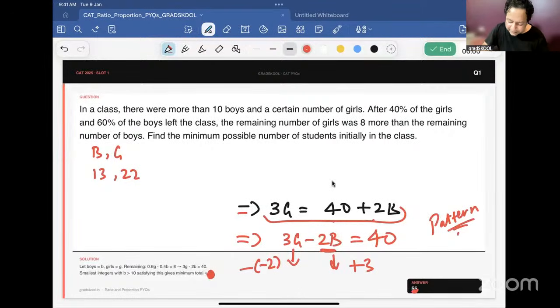Now, decrease by -2 is nothing but increase by +2. So let's do that. And whenever we get a multiple of 5 in both the cases, that will be your answer. So G increases by 2, B increases by 3.